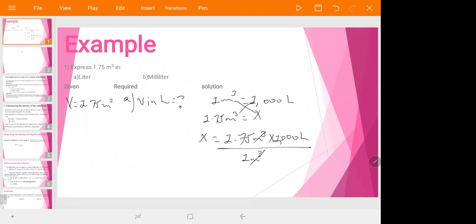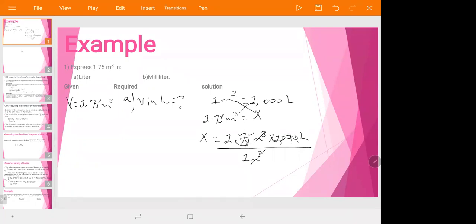So this one, 1.75, if you want, you can change into a fraction. When you change 1.75 into a fraction, what will you get? 175 over 100. When this zero cancels, the decimal point comes between 7 and 5.